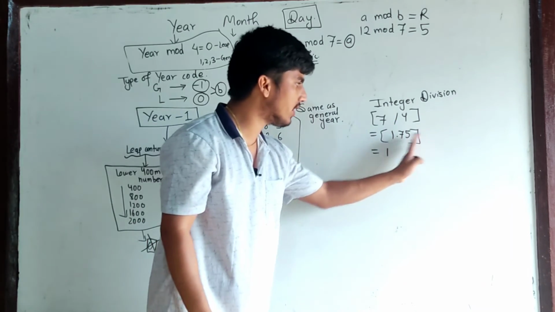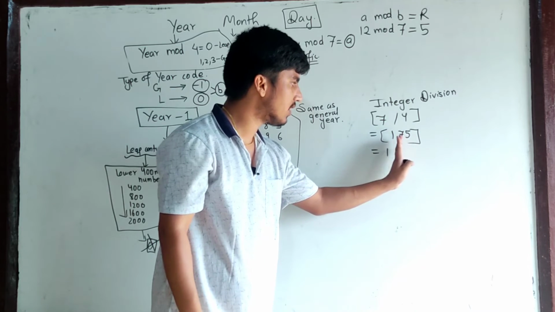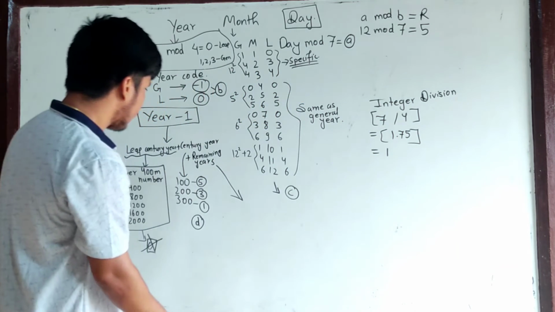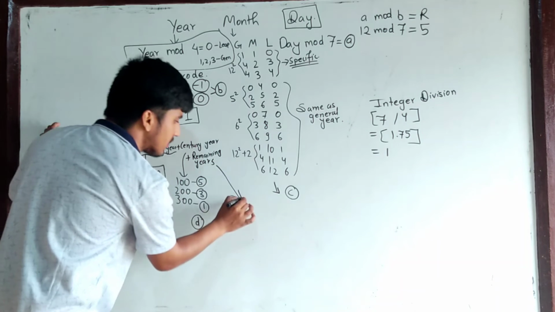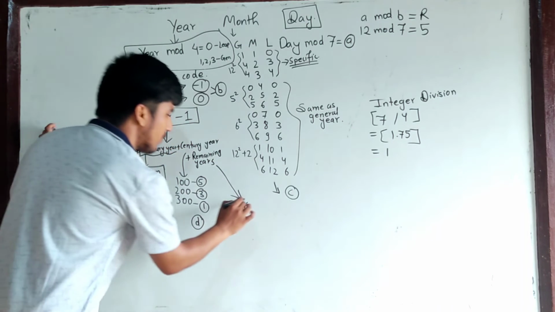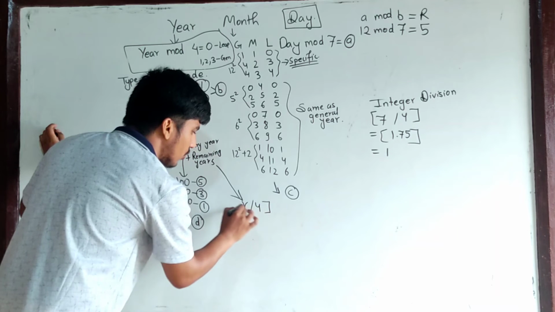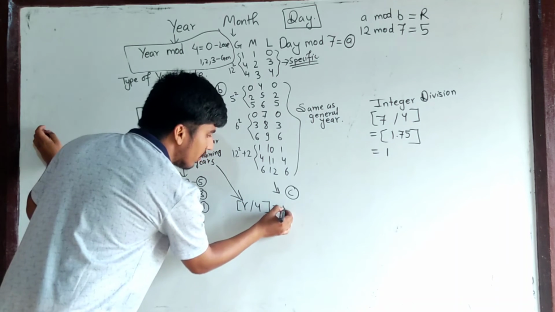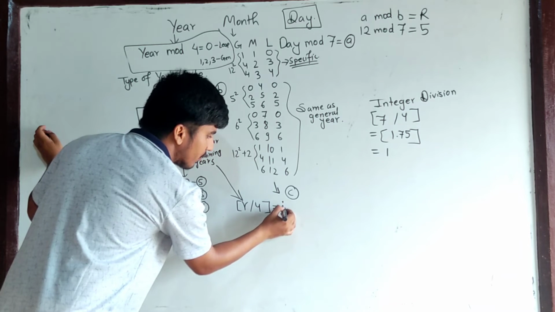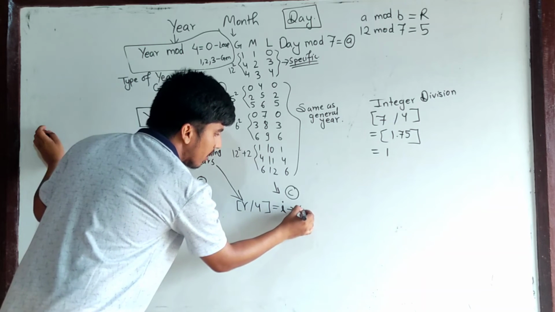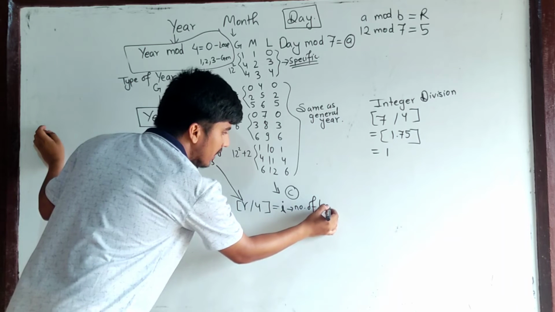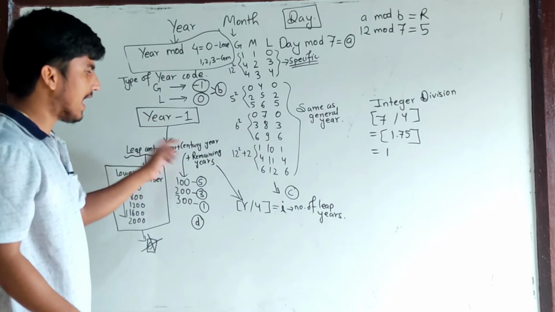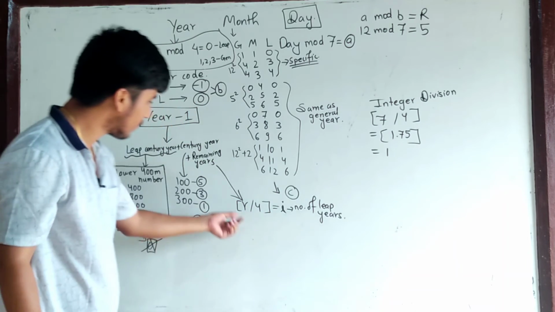We completely ignore whatever numbers there are after the decimal point. So if remaining years is small r, then we perform integer division by 4, and whatever the result will be, let's say I, where I is the number of leap years.